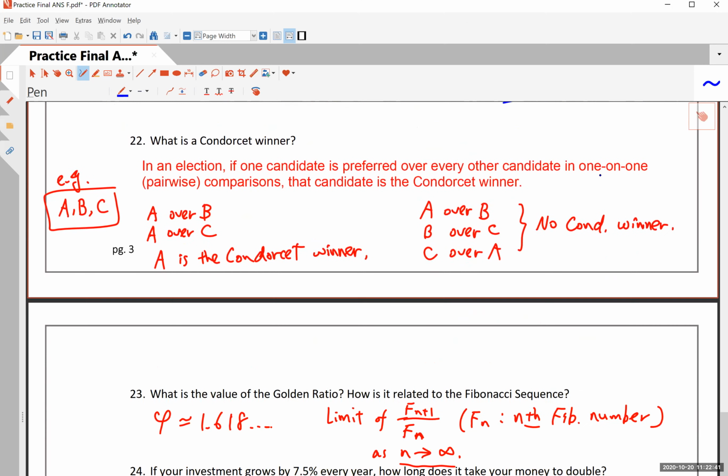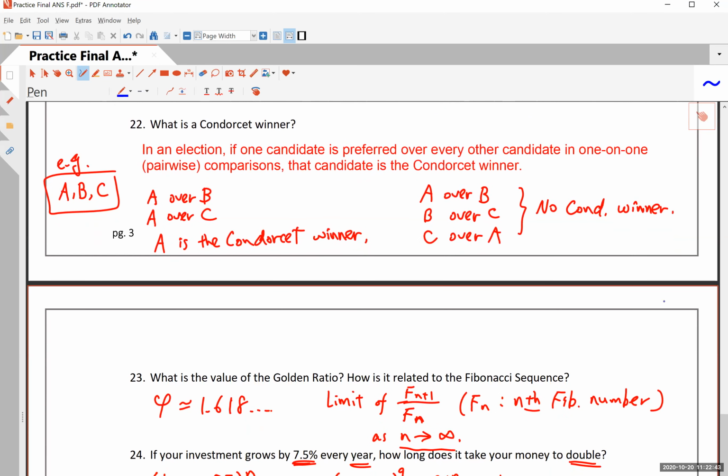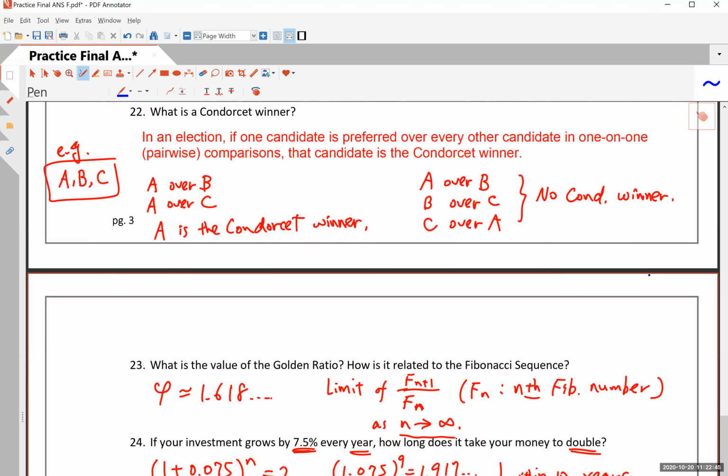All right, so let's do number 22, and then we'll stop part 2, and then we go to part 3. What is a Condorcet winner? Well, when you have multiple candidates running in an election, if one candidate beats or is preferred over every other candidate in one-on-one or pairwise comparison, that candidate is called the Condorcet winner of the election.